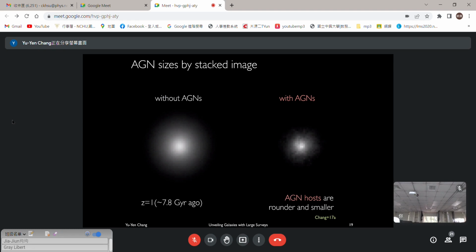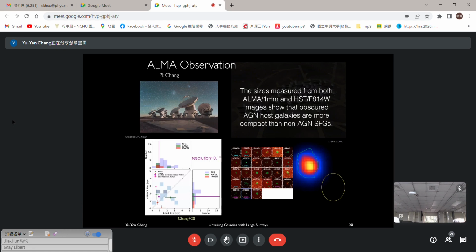We also extended this work with ALMA observations, and we found that with the ALMA observations, the AGN host galaxies from our selected sample are also more compact than non-AGN star-forming galaxies.